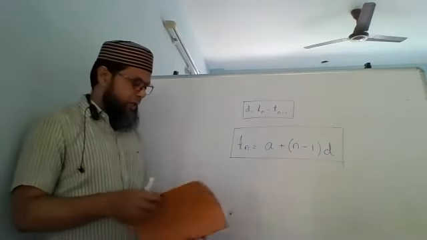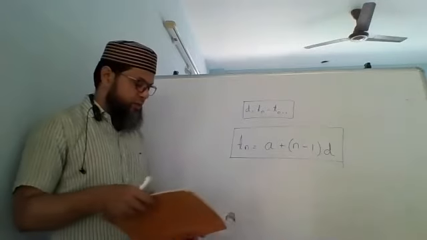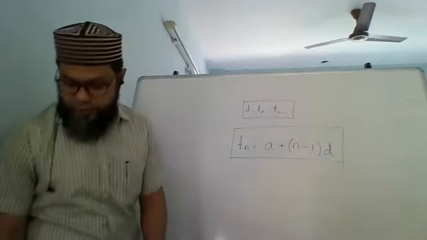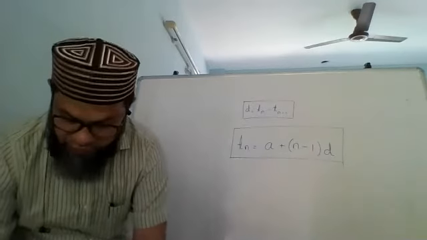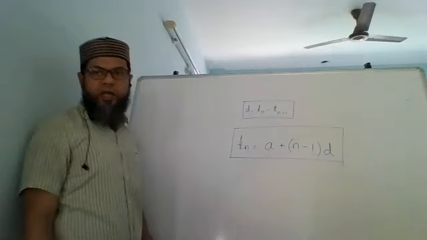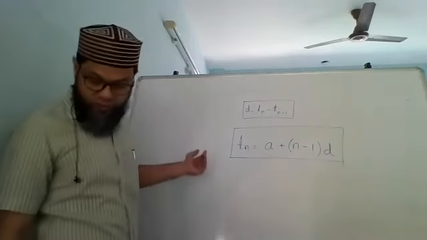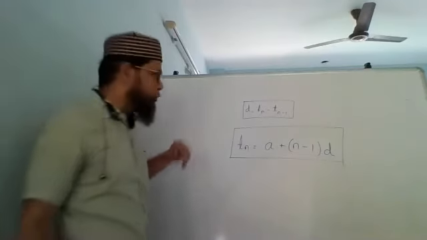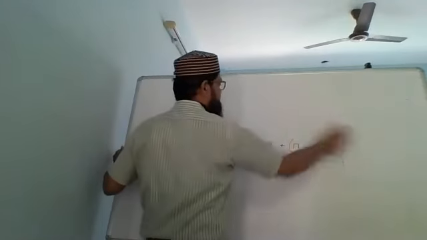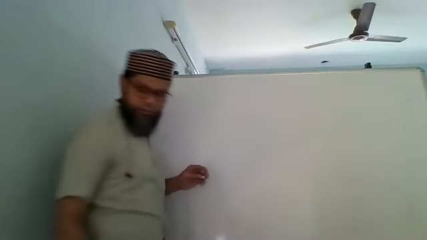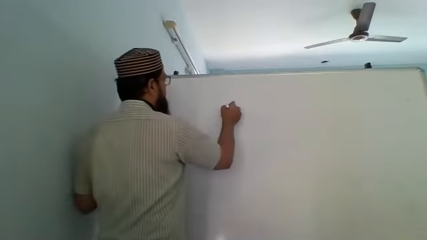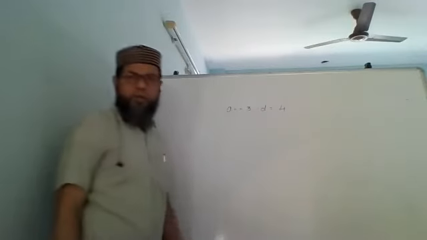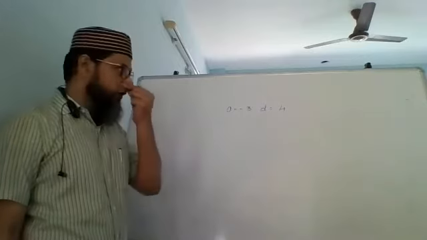So let's look at some examples of how to solve this. Sometimes what they're going to tell you is, we have given you A, we have given you D, you find out 4 terms of the AP. That also we will see before we start using this formula. Supposing they tell you A equals minus 3, D equals 4.